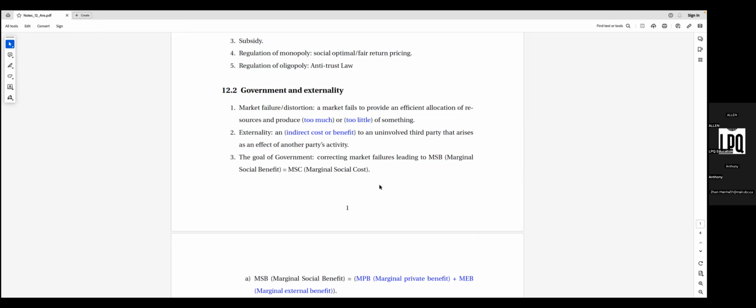So sometimes your private consumption behavior can generate so-called external, spillover effects to those people around you who didn't directly get involved in the consumption activities.